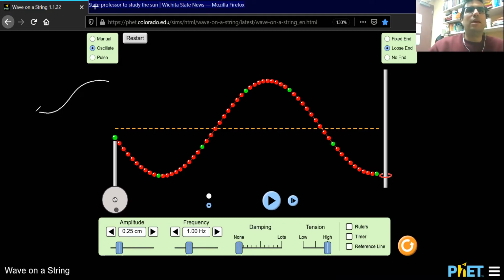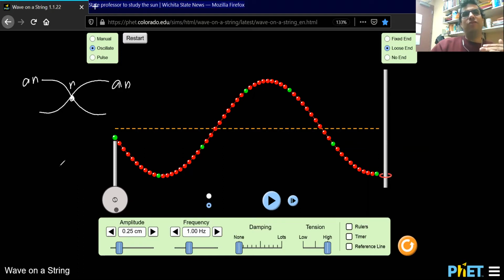The left end would be on the bottom while the right end would be at the top. So it would be 2 half bumps, with 1 node and 2 antinodes to start. That would be the first pattern. Hopefully you can imagine that.